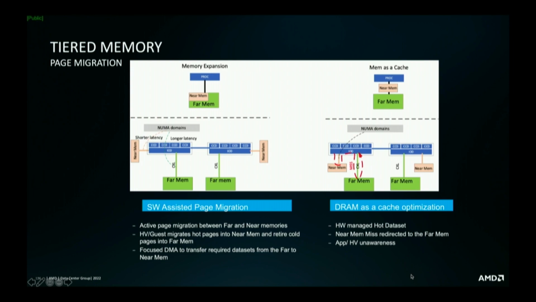On the other hand, if you do it in hardware, then the performance is better. It may lead to unexpected behavior at times, but both approaches can be used. And we have seen both types of approaches being explored in the ecosystem.